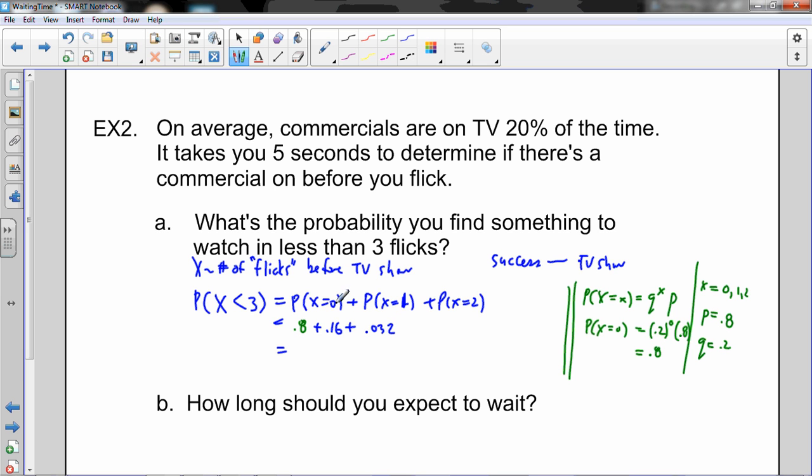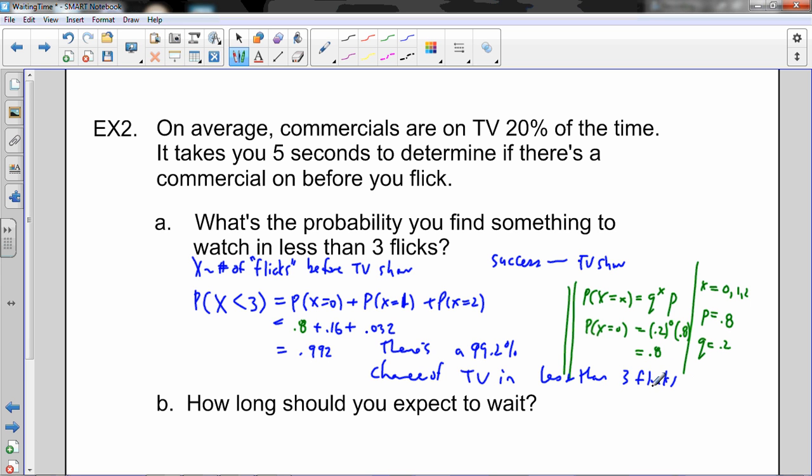And so what's the probability I find TV in less than 3 flicks? Well, that's 0.992. There's a 99.2% chance of TV in less than 3 flicks.